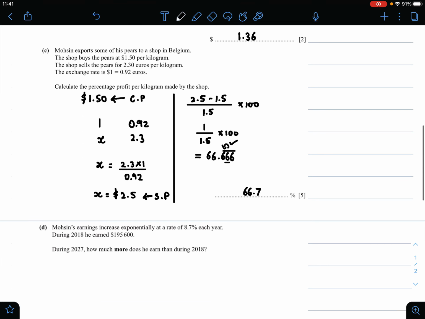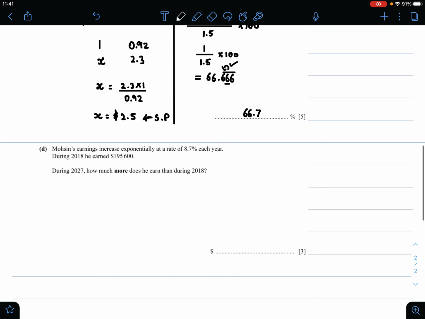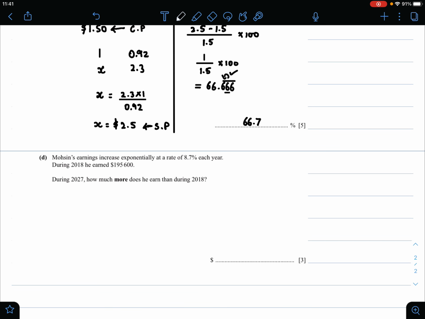Now let's move to part D of this question, where they are telling us that Mohsin's earnings increase exponentially at a rate of 8.7% each year. During 2018, he earned $195,600. Now, when they say increase exponentially, it should immediately strike you that this is a compound interest question.